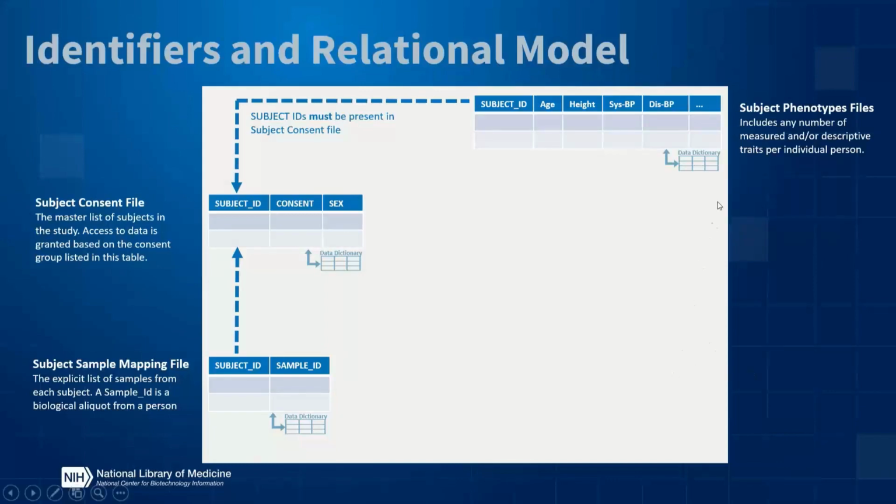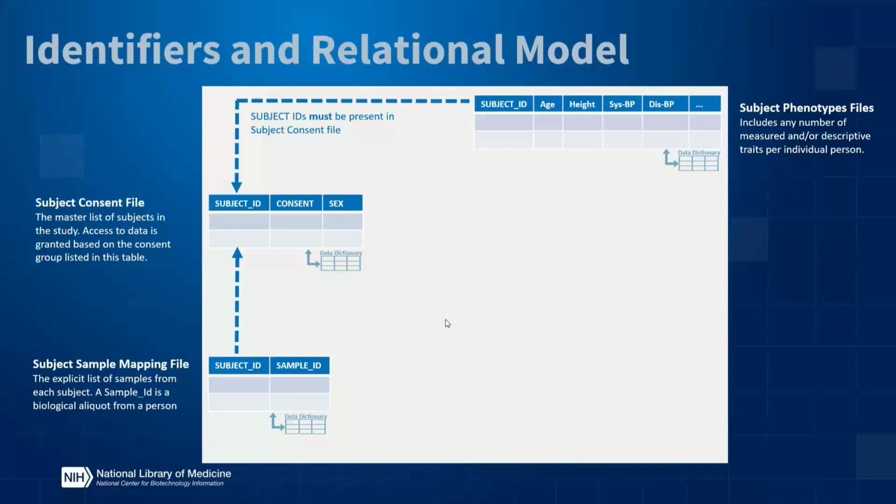There's a set of phenotype files, any number of them, that can be submitted along with the core files. This includes any number of measured traits, and it can be any number of files. Along with the data, there's a data dictionary associated with all our data sets that are submitted on the phenotype side, which allows us to configure any number of traits for a person.